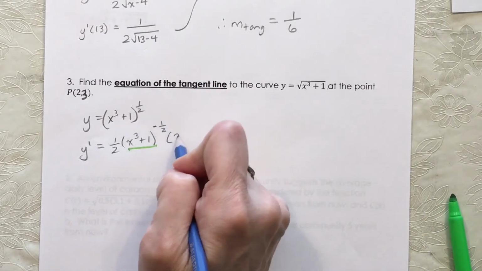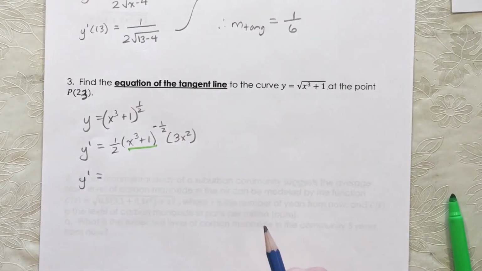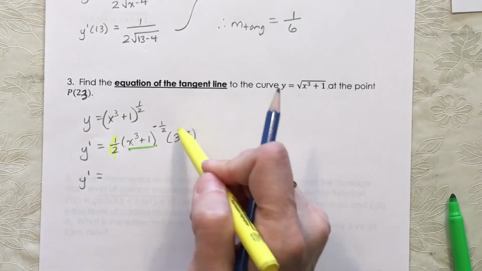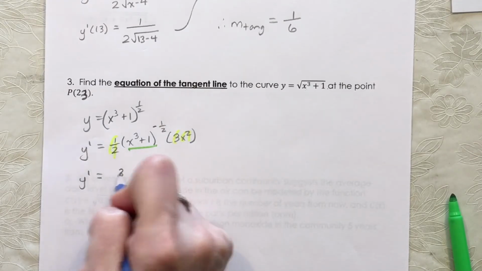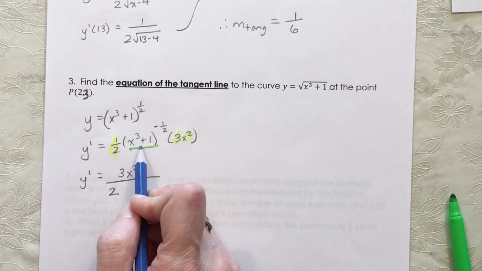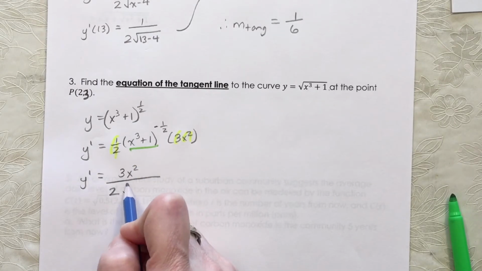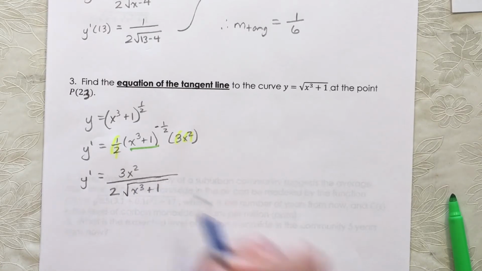So that's times 3x squared. And then if I multiply these together, because they're monomials, I'm going to get 3x squared over 2. So the 3x squared can stay on top and the 2 in the bottom. And then I'm going to move this term down to the bottom and make it square root of x cubed plus 1.